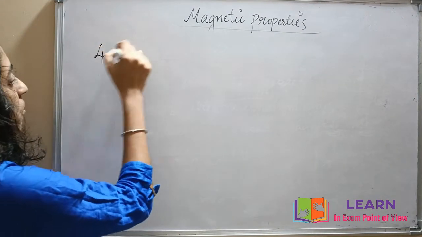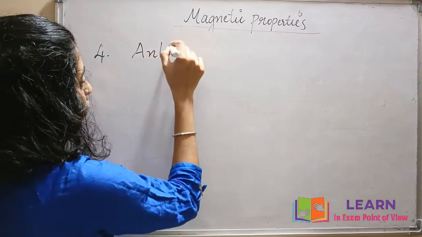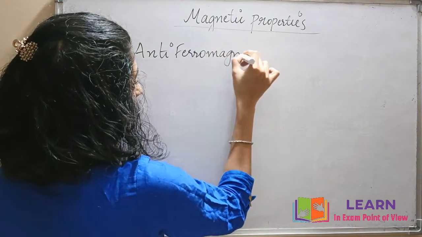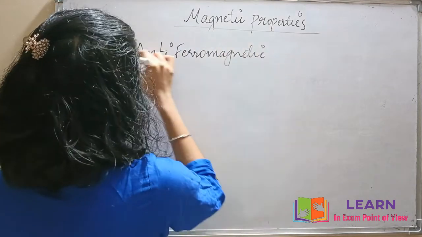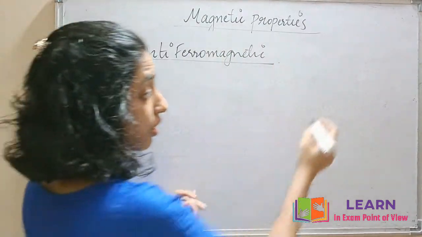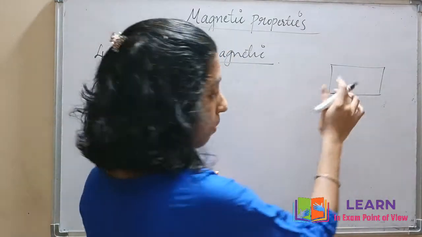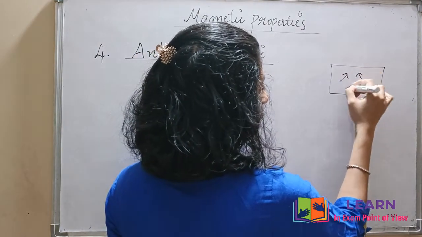Now next is antiferromagnetic, the fourth one. Here also you need to remember the arrangement. The collection of magnetic moments is called the domain, and it will be in different directions.